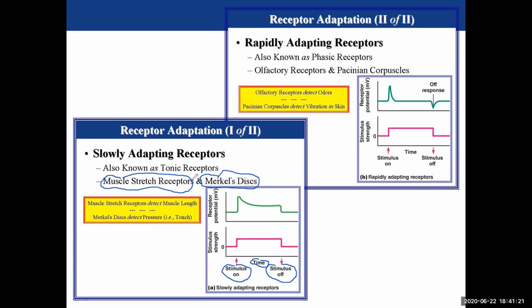Those two rely on slowly adapting receptors to detect the adequate stimulus, the proper sensory modality. For example, the muscle stretch receptor detects the length of the muscle to protect against muscle tear, and the Merkel disc detects pressure, for example, touch. So those are examples of slowly adapting sensory receptors.